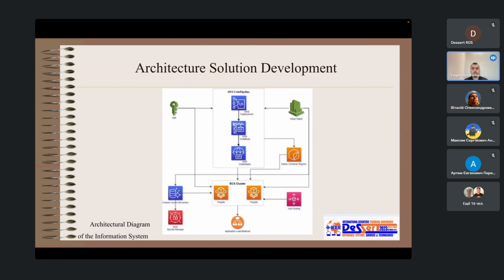Then after we develop and build our application, we store it in a container registry, because the microservices architecture is also based on Docker containers. And here we have two main components. It's the ECS cluster, ECS is Elastic Container Service.